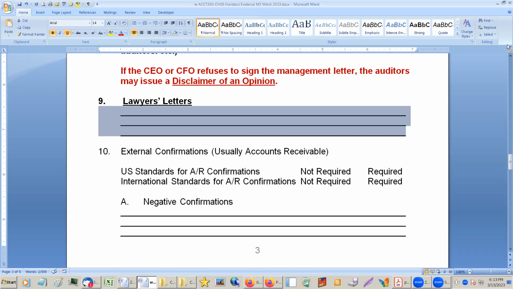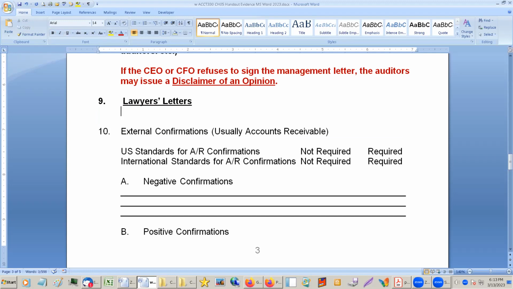A lawyer letter. Let me get how he phrases it.